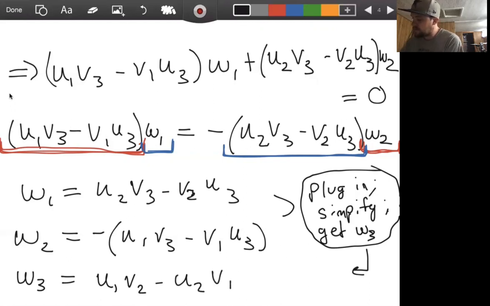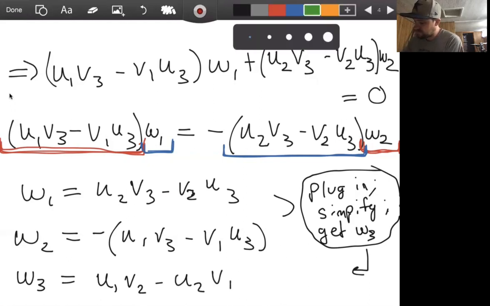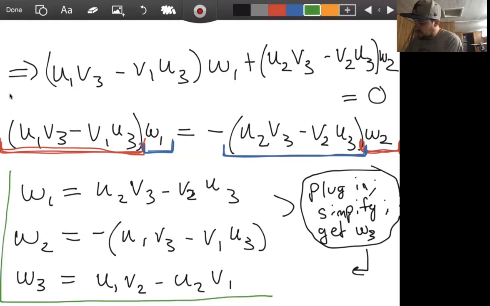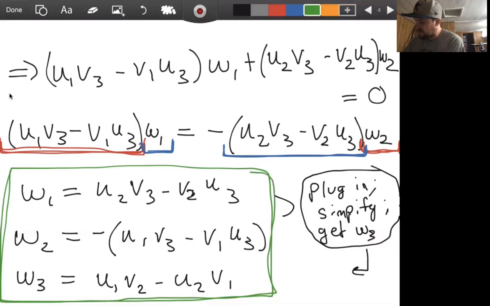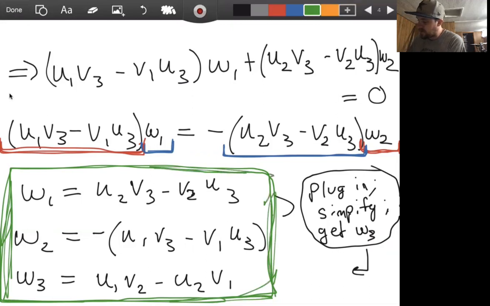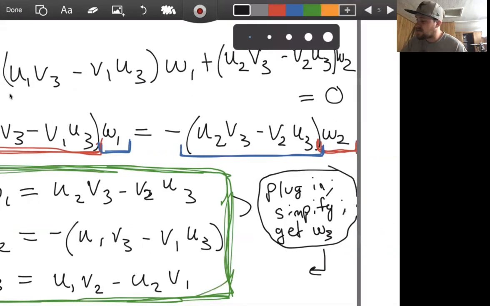And so here, through this tedious algebra of solving a system of equations with a handful of unknowns, we've now expressed the vector w completely in terms of the vectors u and v. So let's write this concisely now.